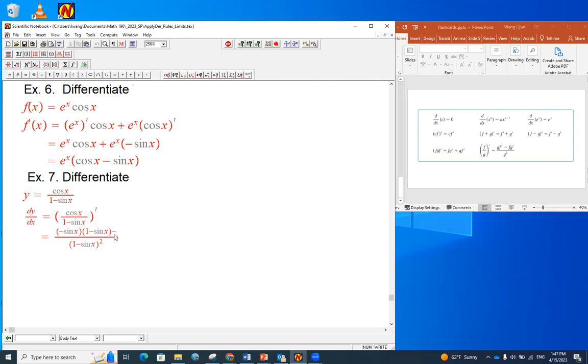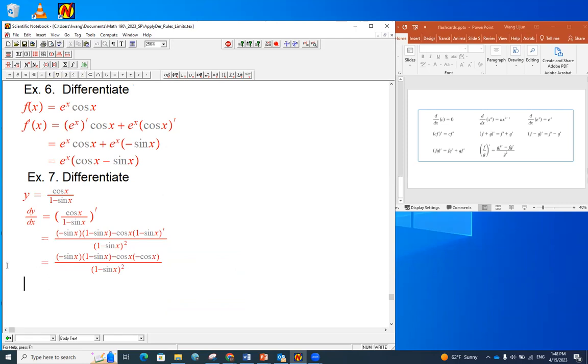Subtracting, and this time we keep f unchanged, cosine x, and then we differentiate g. G is 1 minus sine x, so we put a prime sign there. There are a variety of ways to express yourself. Some of you may do it faster. The derivative of 1 is 0. The derivative of negative sine x is negative cosine x.